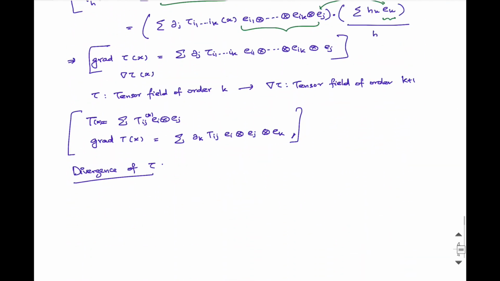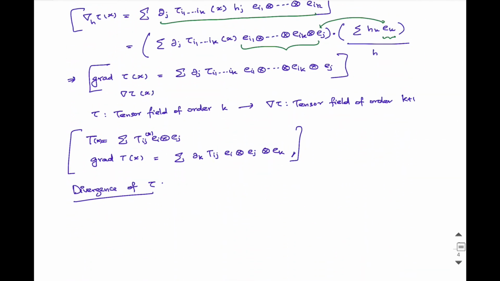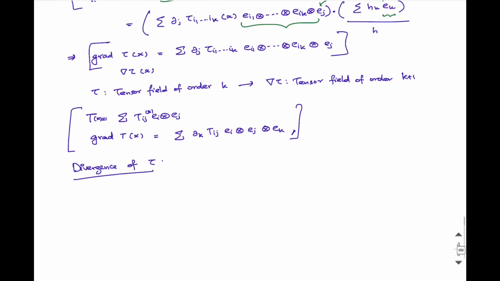But of course, the trace of a gradient doesn't make much sense here, because the gradient itself is a tensor field of order k plus 1. So how do you define the divergence? The idea is very simple. So let me first write the expression for the divergence of tau at x. Let me write it in two steps here.